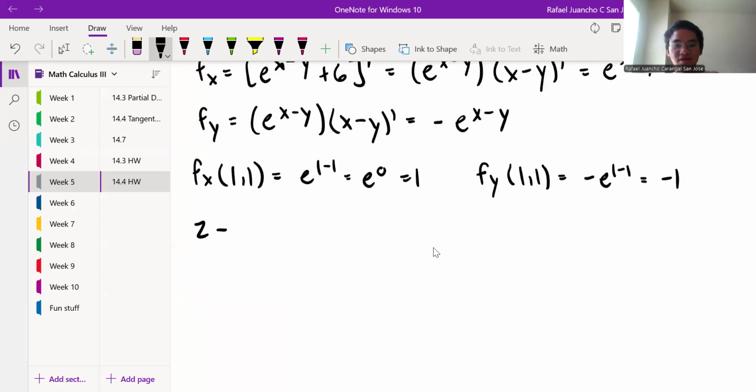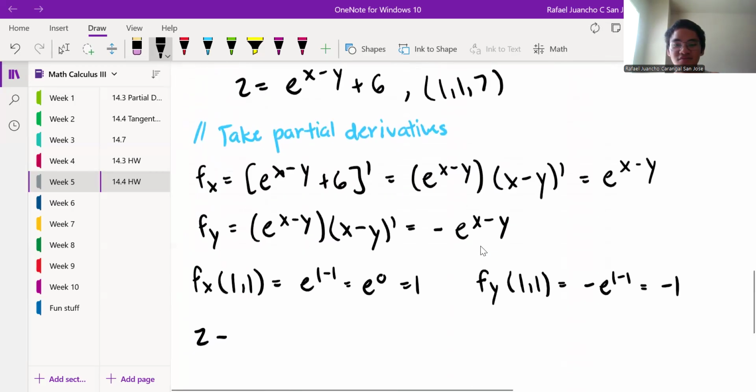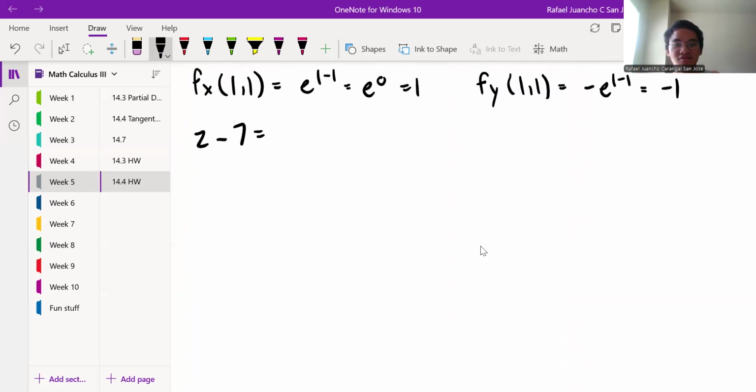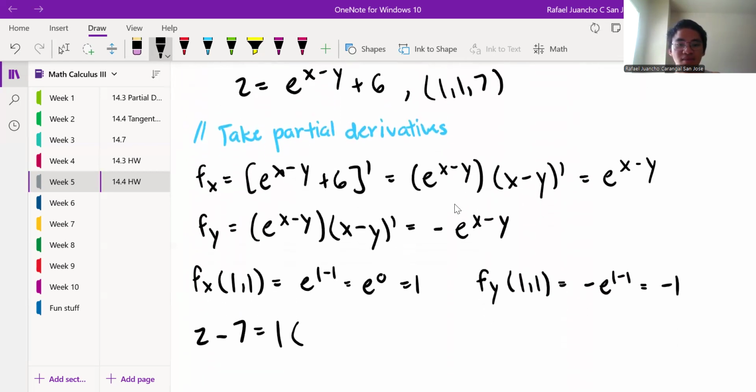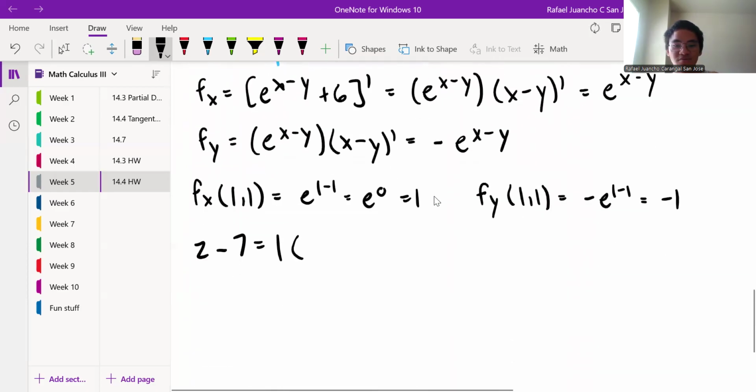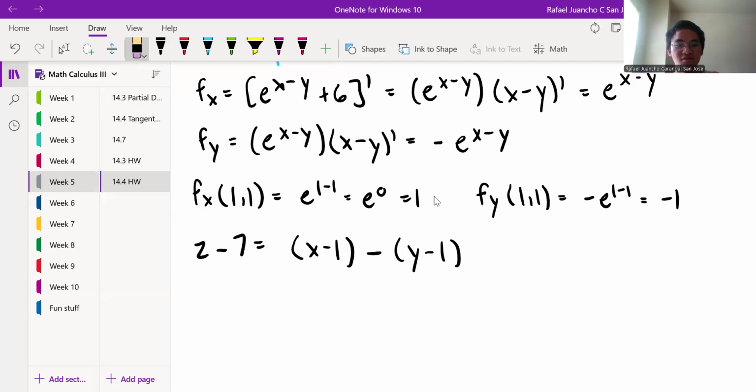And then from there, now we plug in. So z minus my z coordinate, so 7, equals my f sub x, so that's 1 times x minus 1, and minus, because we have a minus there, 1 times y minus 1.